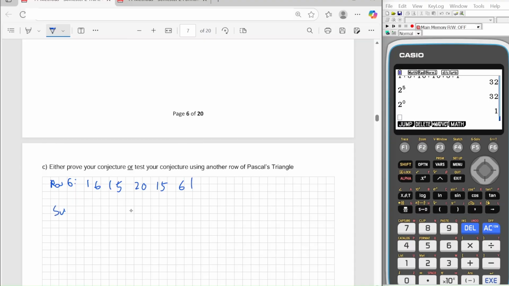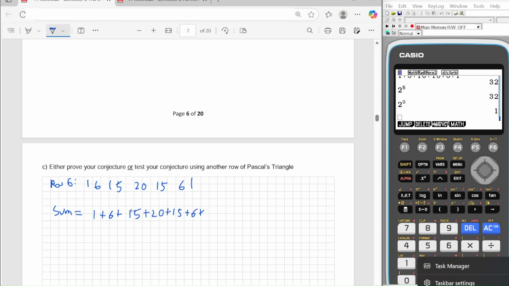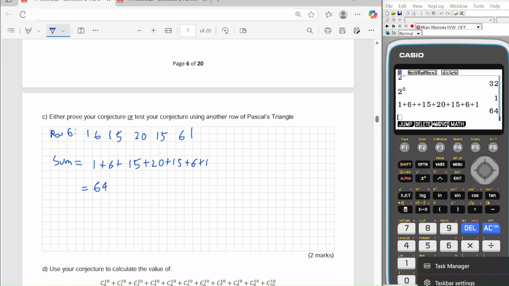And so the sum is all those added together. And we can just work that out. That's 64. And also 2 to the power of 6 is 64.